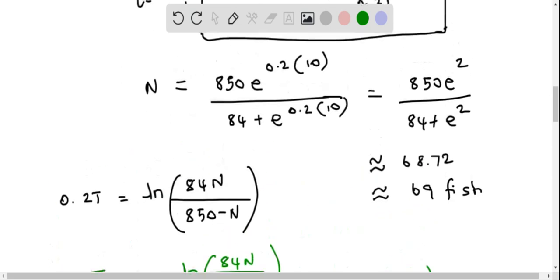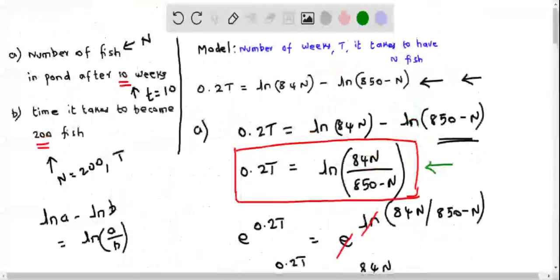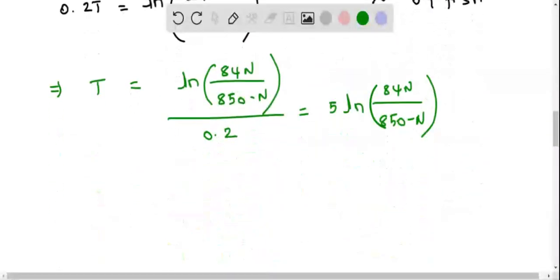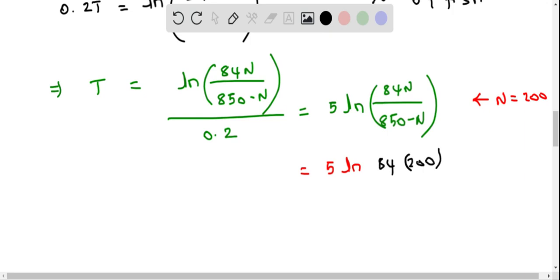Now we just have to substitute n equal to 200 into this equation so that we can determine the corresponding time. So when I do that, I'll be getting 5 times the natural logarithm of 84 times 200 over 850 minus 200.